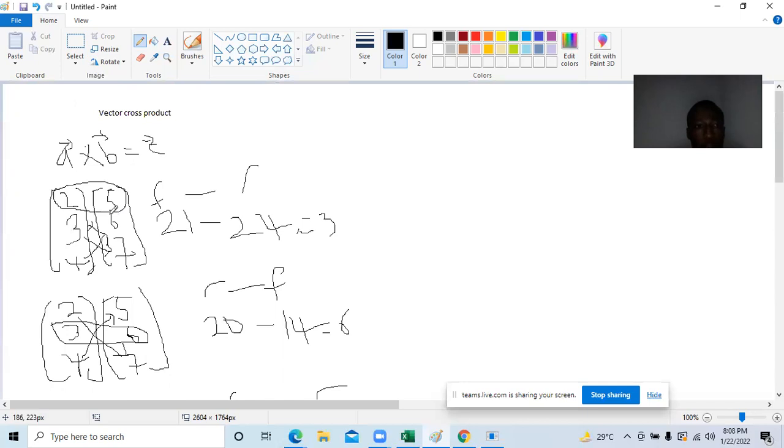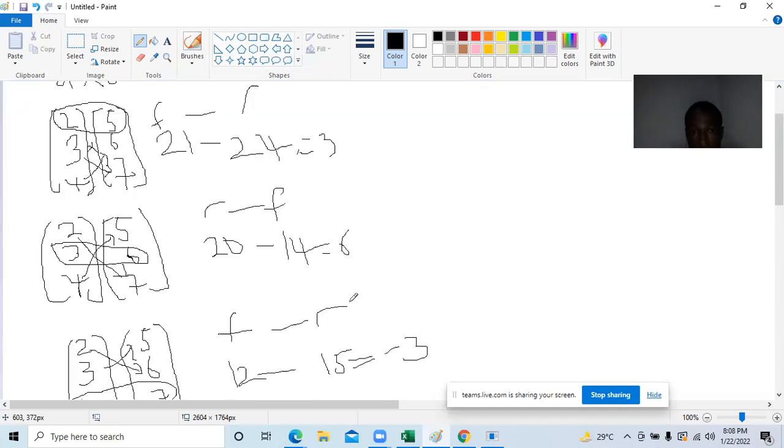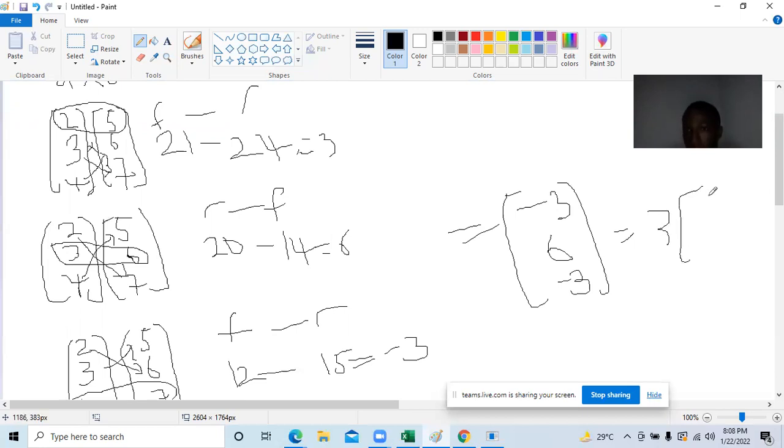So our cross product of A and B is going to be minus 3, 6, minus 3. Which if we simplify, is going to be 3 into minus 1, 2, minus 1.